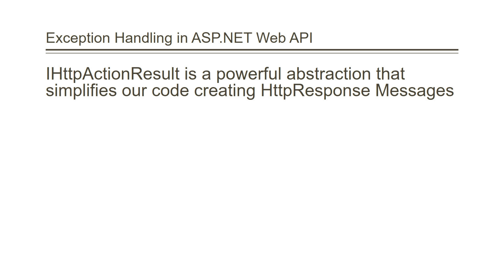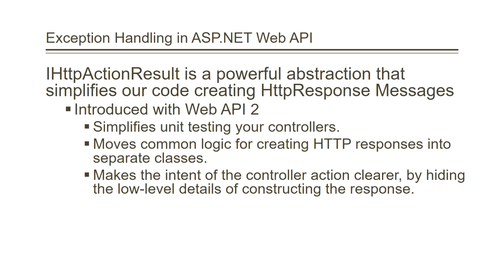Okay, so it does involve this IHttpActionResult, okay? This is new in WebAPI 2, and basically we would just use HttpResponseMessage, which was usually what was returned from most controller actions in the earlier versions of WebAPI. So they've added this abstraction, and it cleans up the code tremendously.